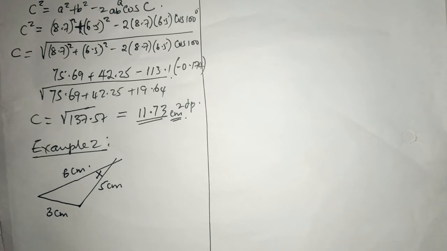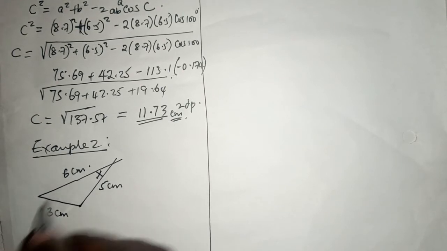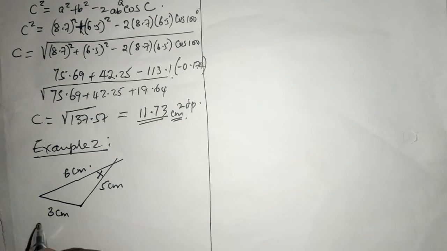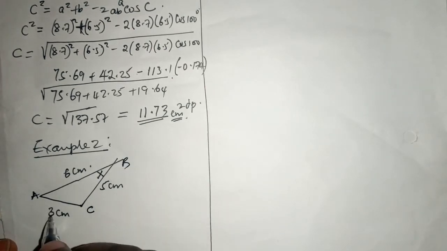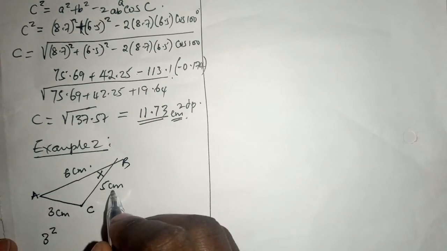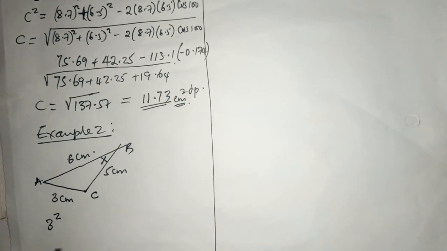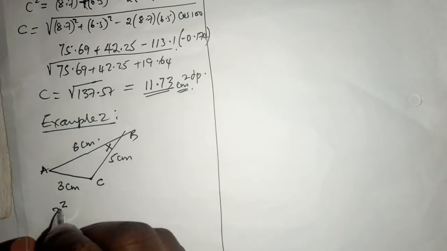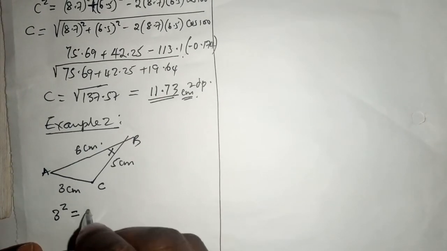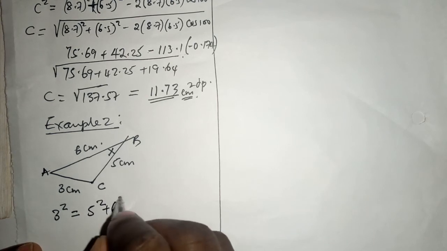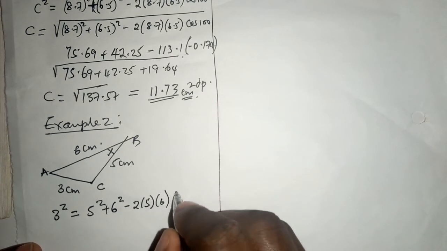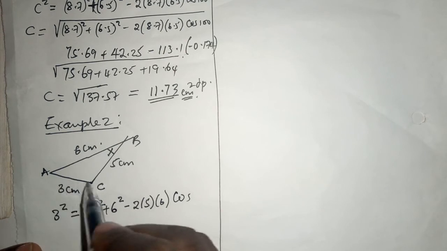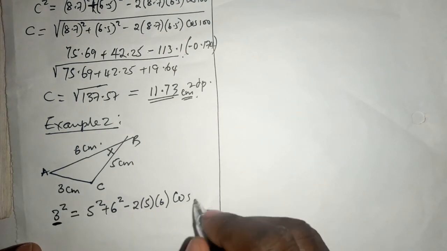So if you employ the cosine rule, we are going to say 3 squared, because if you say this is A, B, C, then you call this B, this is C, and this is A. So 3 squared is equal to 5 squared plus 6 squared minus 2 times 5 times 6 multiplied by the cosine of the angle opposite the side, so the cosine of x.